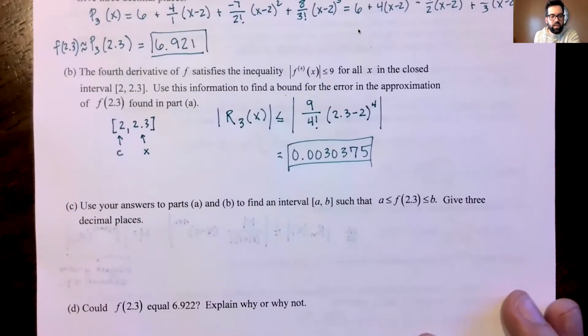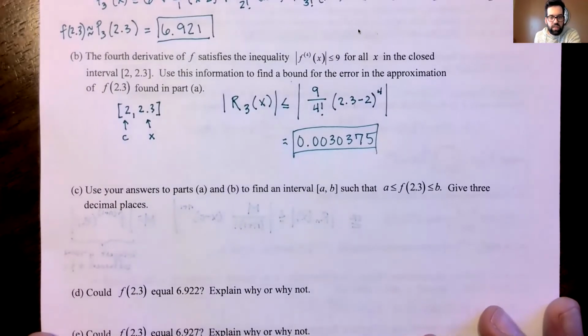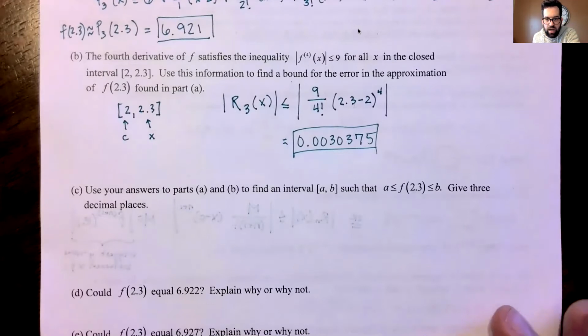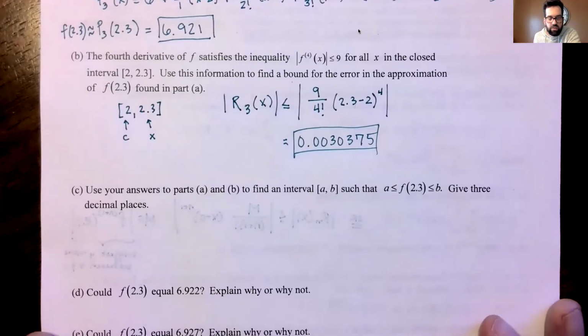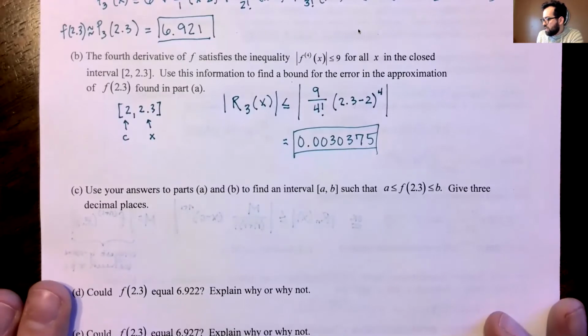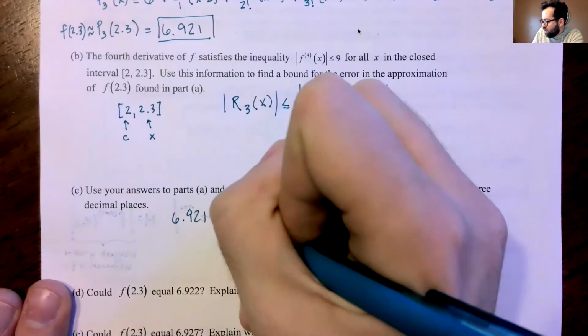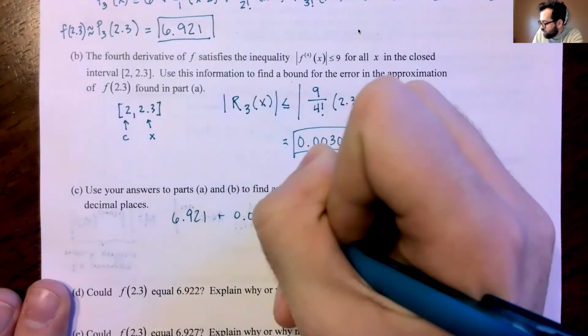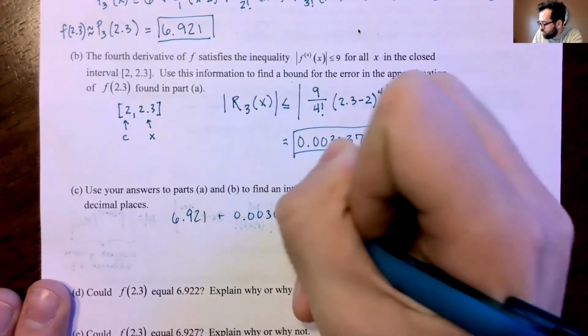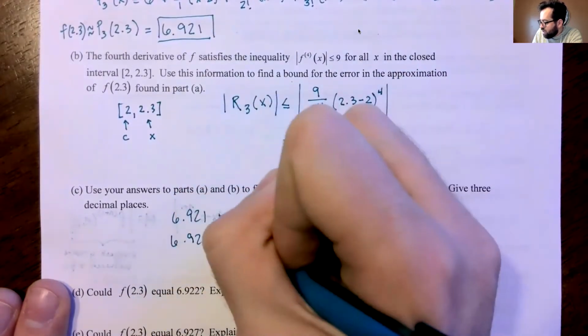Okay. Part C, use your answers to parts A and B to find the interval A comma B such that f of 2.3 is bounded. Give 3 decimal places. So all that's telling us to do is add or subtract our error from the approximation. So we're going to have 6.921 plus our error bound, and 6.921 minus our error bound.